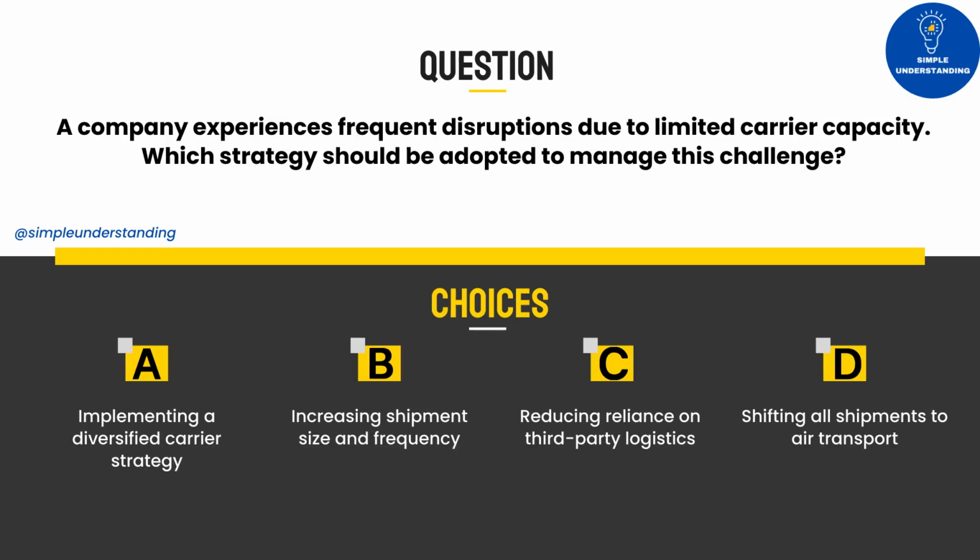9. A company experiences frequent disruptions due to limited carrier capacity. Which strategy should be adopted to manage this challenge? A. Implementing a diversified carrier strategy. B. Increasing shipment size and frequency. C. Reducing reliance on third-party logistics. D. Shifting all shipments to air transport.